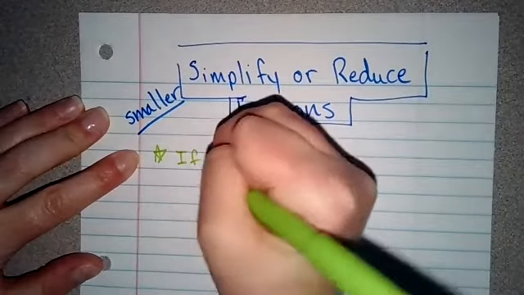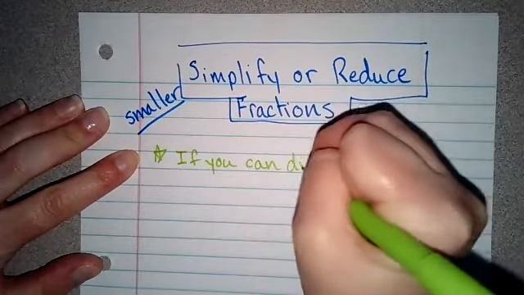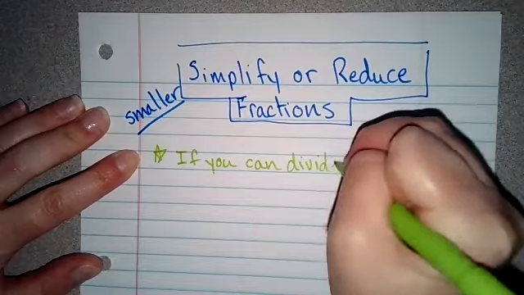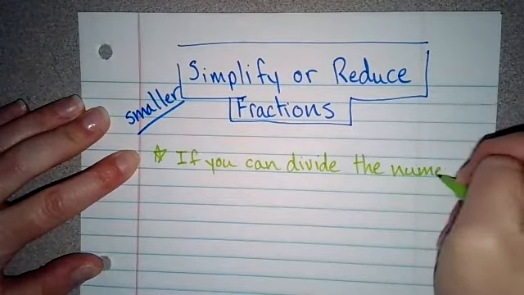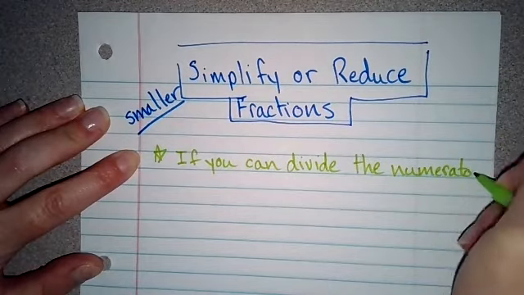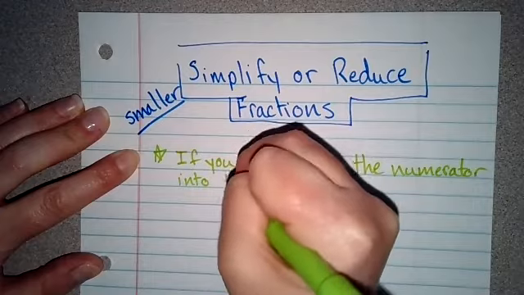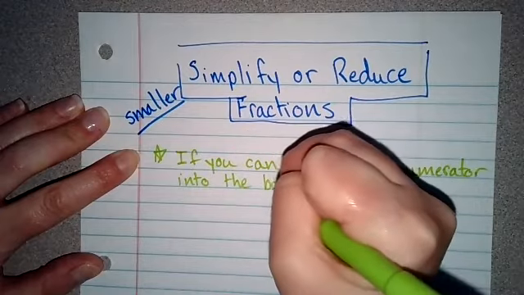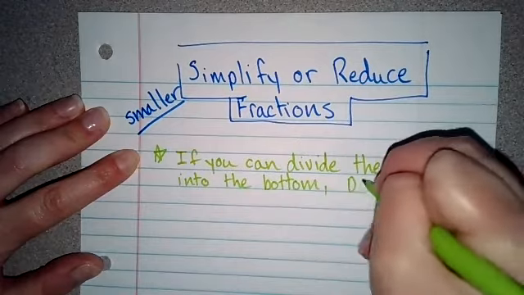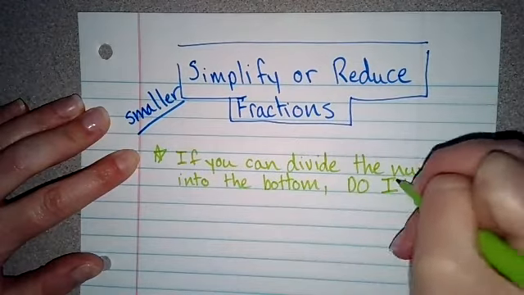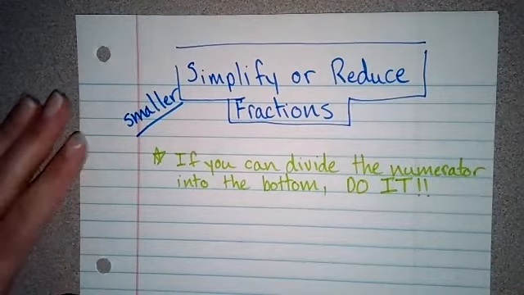If you can divide the numerator into the bottom, do it. Write it in big capital letters. Do it. If you can divide the numerator into the bottom, do it.